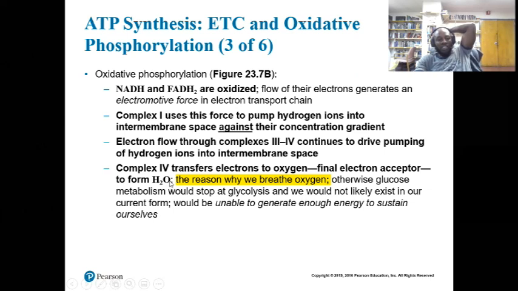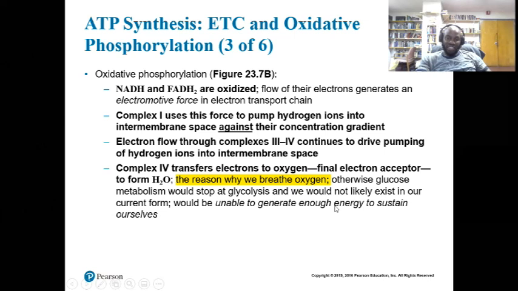We need that oxygen to be the final electron acceptor. This hydrogen comes originally from these NADH, FADH2, the electrons that are transferred down the chain, and eventually binds with oxygen. Oxygen receives that, forms H2O. That's the oxygen that we breathe in. Now we form water. It accepts those electrons. You have that transfer, that energy.